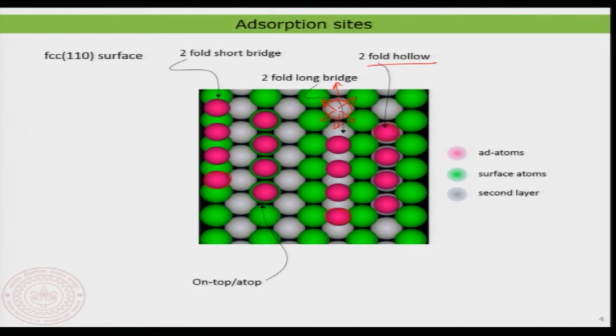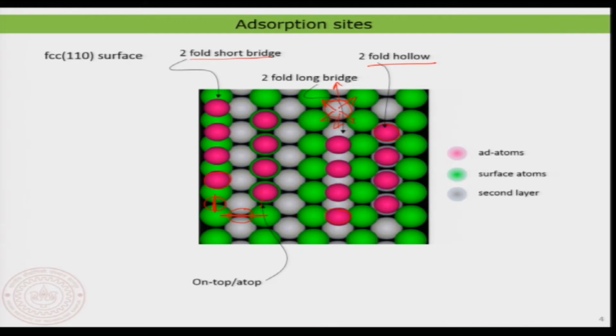And then you have here an atop site, that is the top of the surface atom. Then you have two different types of bridges. One is called a short bridge, because you can see the distance between these two atoms is much shorter compared to the distance between these two atoms. So, when an atom goes here, it is adsorbing on a short bridge, and when an atom goes here, it is adsorbing on a long bridge.